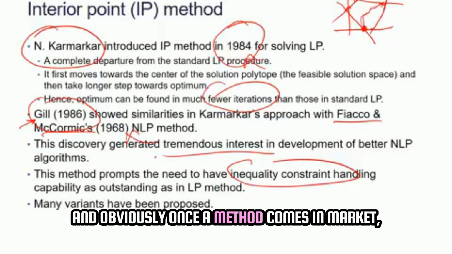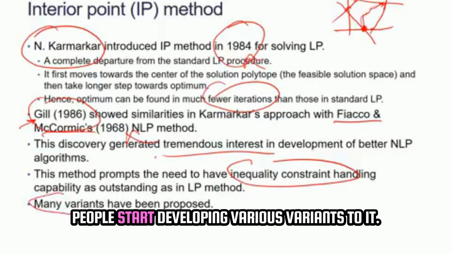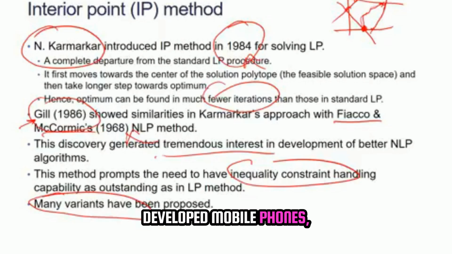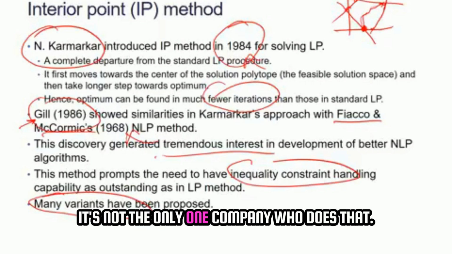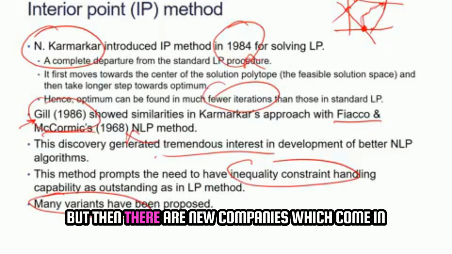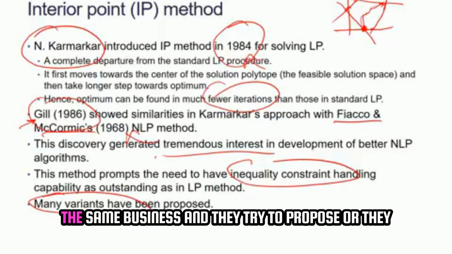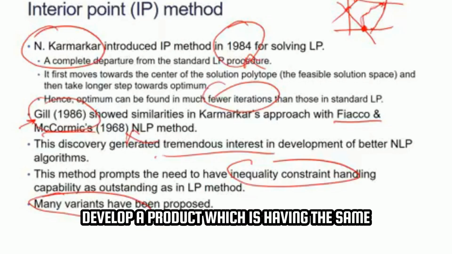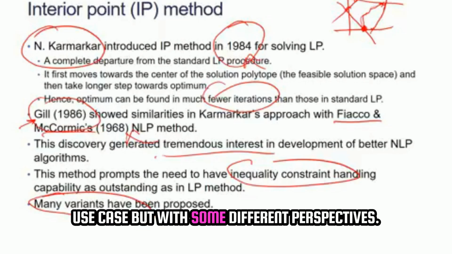And obviously, once a method comes to the market, people start developing various variants of it. For example, whichever company developed mobile phones is not the only one; new companies come into the same business and develop a product with the same use case but with a different perspective.